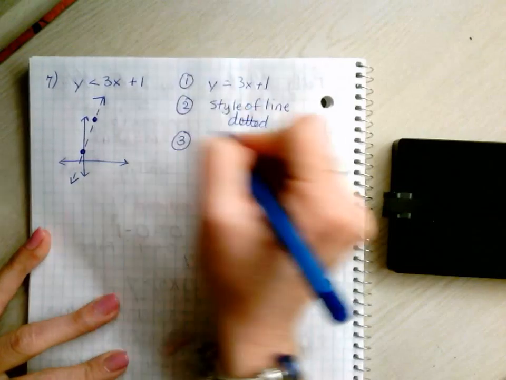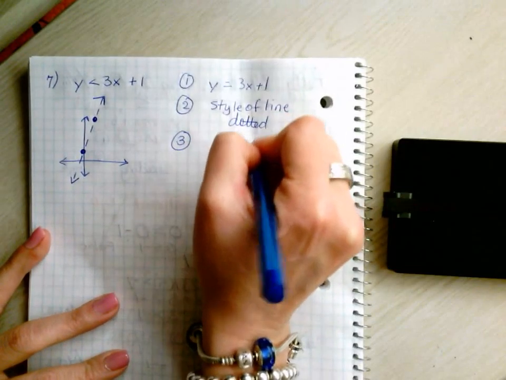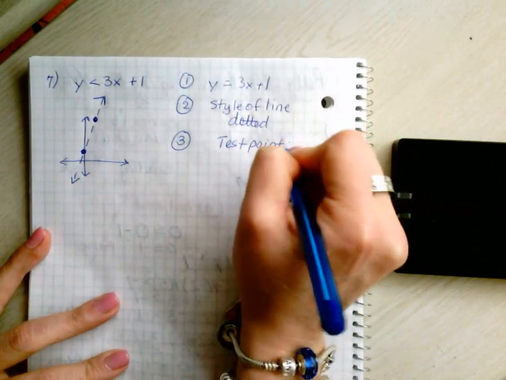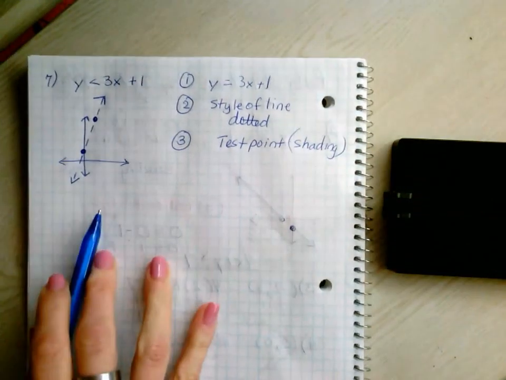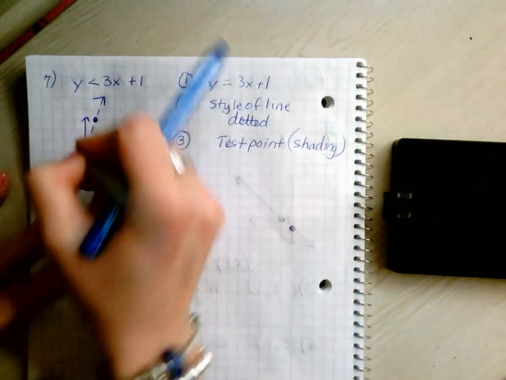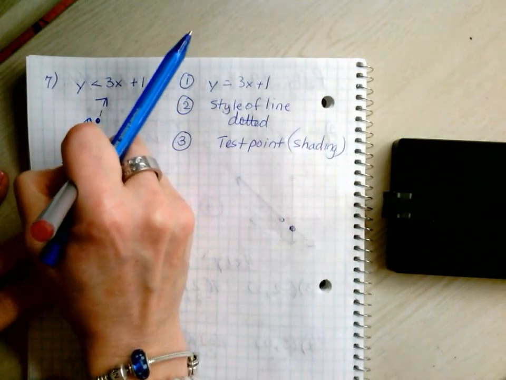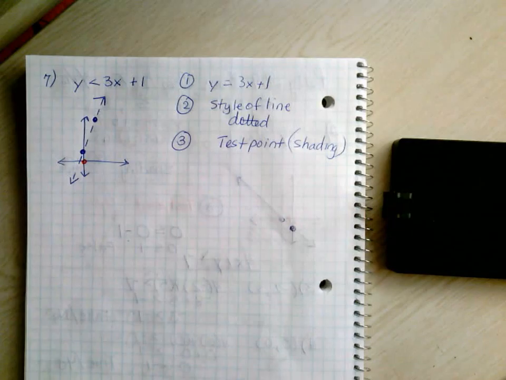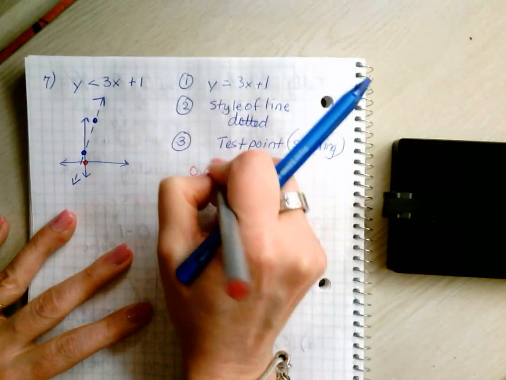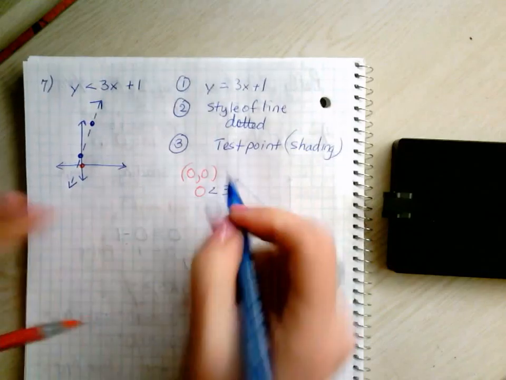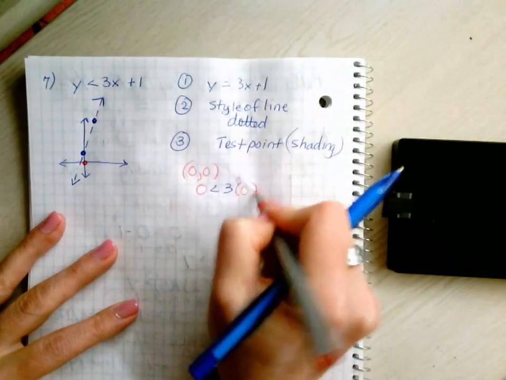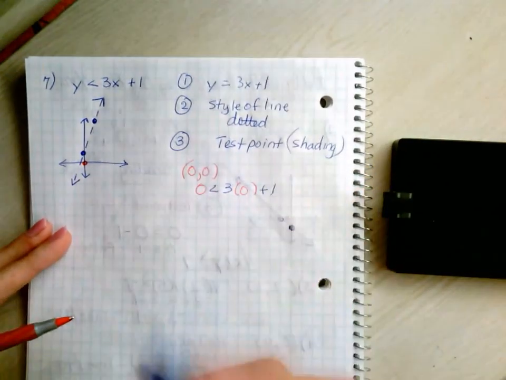3, final step. Test point to determine shading. Okay? I like to test 0, 0. And as long as 0, 0 is not on the line, it's testable. As you can see, 0, 0 is not on the line, so we're going to plug it in. 0 is less than 3 multiplied times 0 plus 1.